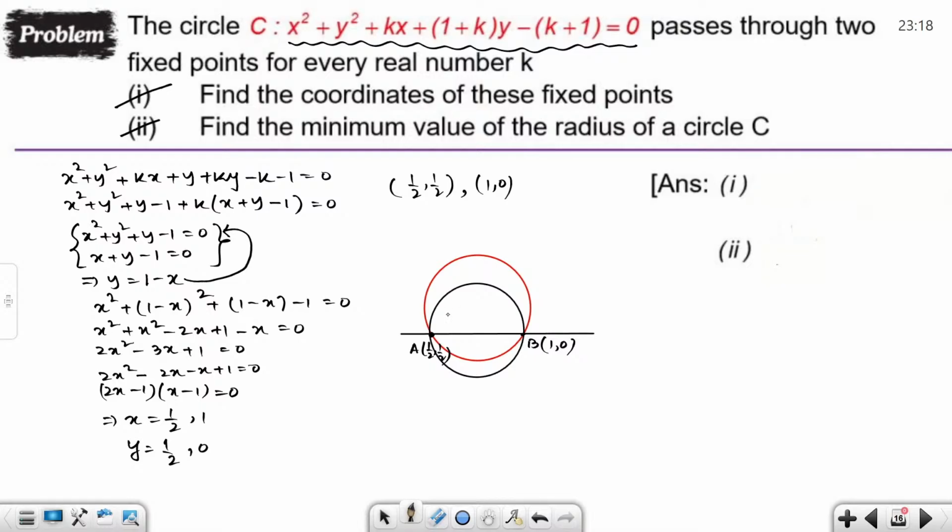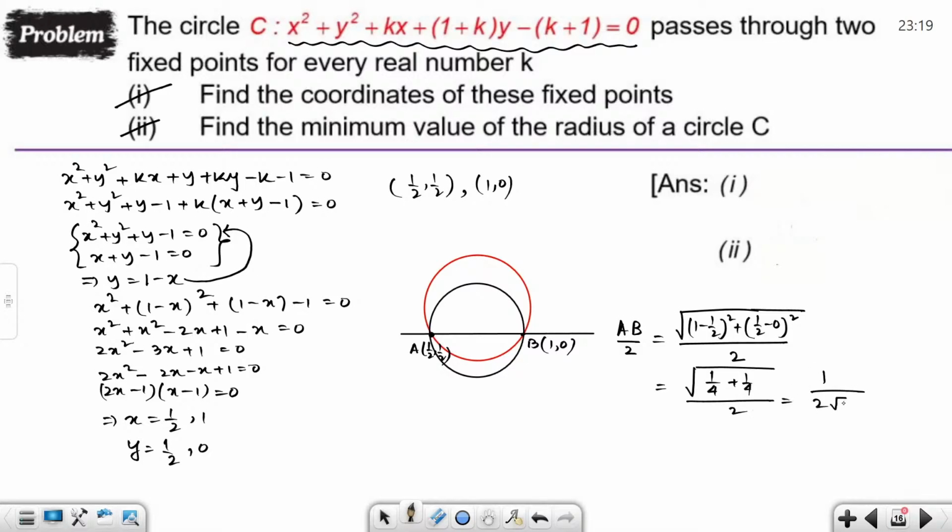Correct? So what will be the length of its radius? That is nothing but AB by 2 because AB is the length of the diameter. So what is AB? This is the length of AB divided by 2. That gives us, so it is basically 1 over 2 root 2.